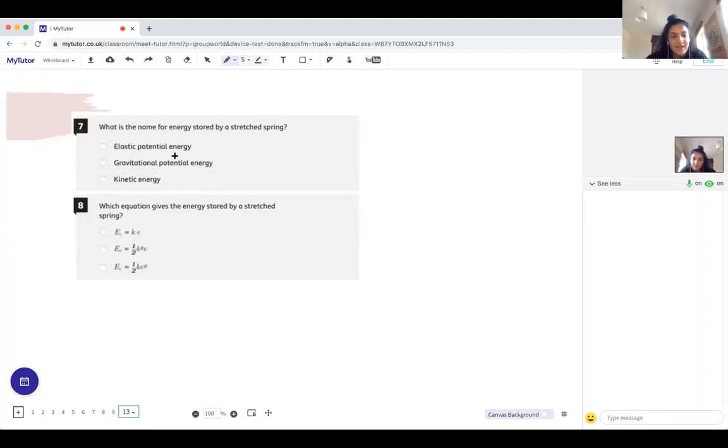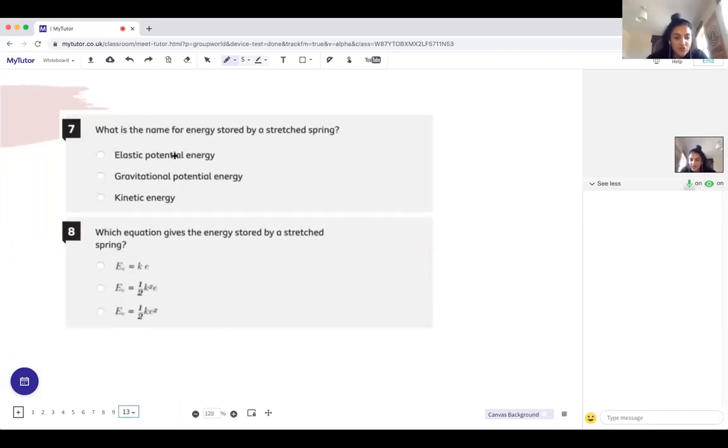What is the name for energy stored by a stretched spring? Great, it's elastic potential energy.